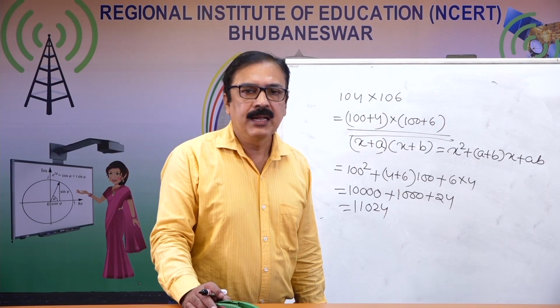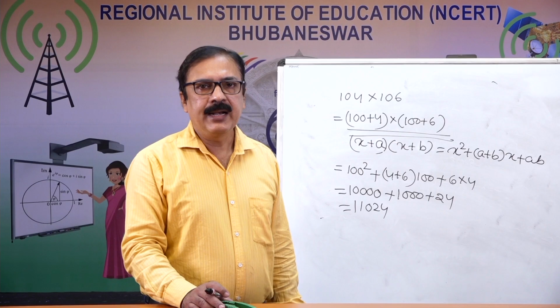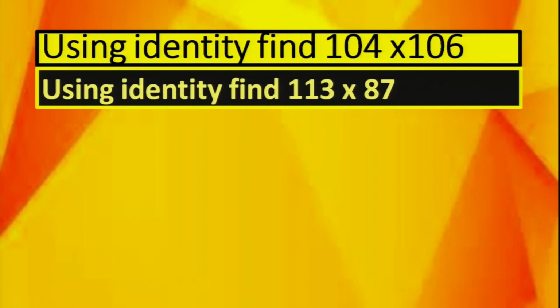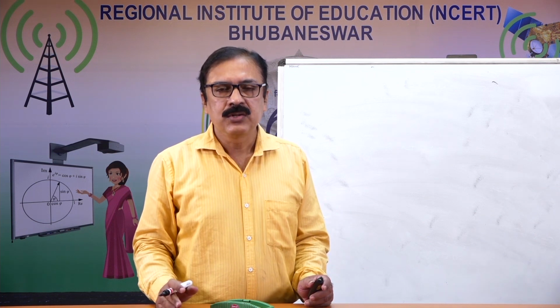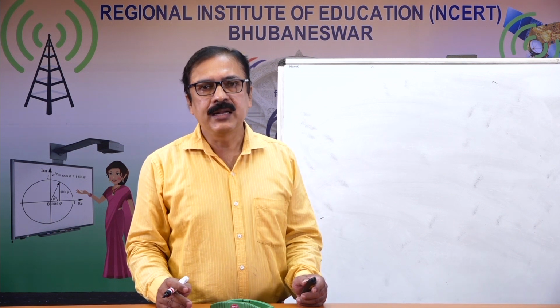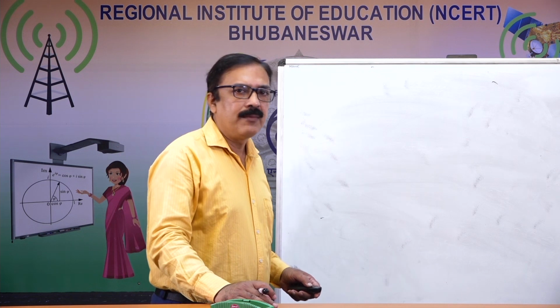Using identity, find 113 into 87. So what type of identity is to be used here? Just look at it. Here 113 plus 87 is 200 and half of it is 100. 113 exceeds 100 by 13 and 87 lags by 13 from 100.